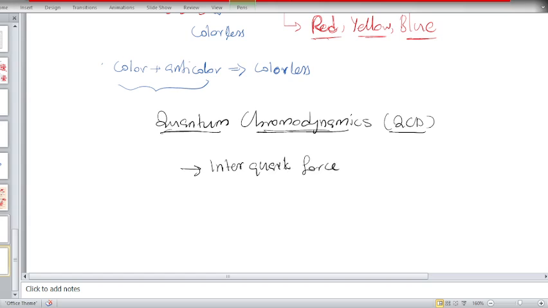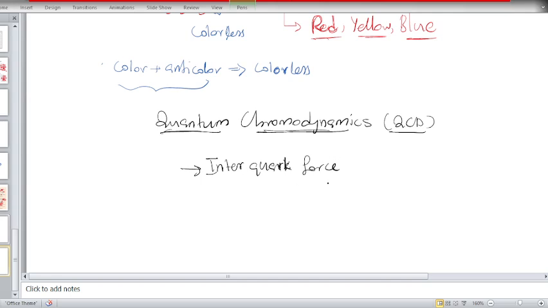As we discussed, these particles, the hadrons, are very stable. All these hadrons are made up of quarks. Then how are these quarks tied together? That is through this inter-quark force, and for this force there are some carrier particles.